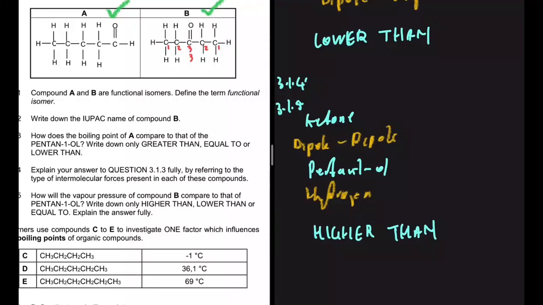So it will require more energy to overcome the intermolecular forces, and as a consequence it is going to have a lower vapor pressure compared to the ketone. The ketone will actually have a higher vapor pressure. What you need to know is that the stronger the intermolecular forces, the higher the boiling point, the higher the melting point, but the lower the vapor pressure. You need to know that.